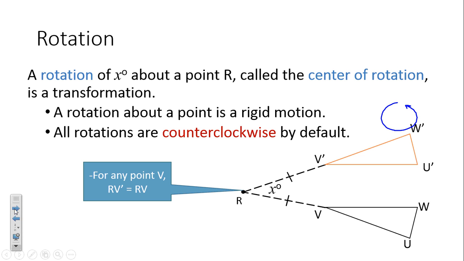The distance between your point of rotation and v prime is the same as the distance between your point of rotation and v. Likewise, the distance between r and u is going to be the same as the distance between r and u prime. So they're going to maintain that same distance away from that point of rotation.